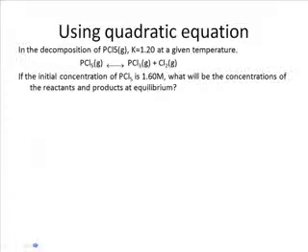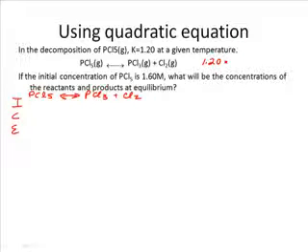Okay, so here we have our expression. I'm going to try to see if I can get all this in a little smaller space this time. I know the value of K, and we're in concentrations: PCl3, Cl2, and PCl5.